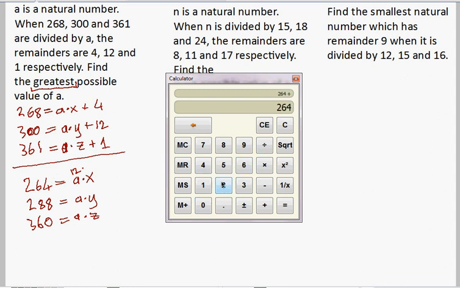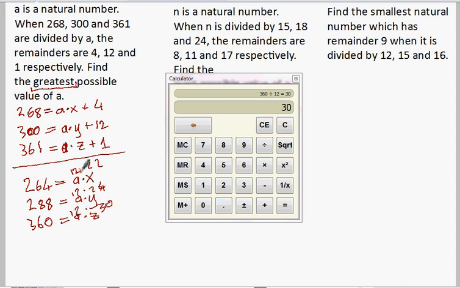264 divided by 12 is 22. We can do that. Then 288 divided by 12. Can I do that? Equals 24. So 12 times 22, 12 times 24, then 360 divided by 12 equals 30.